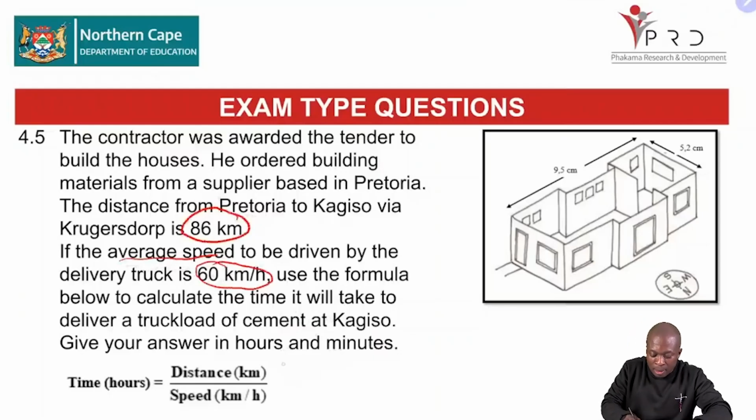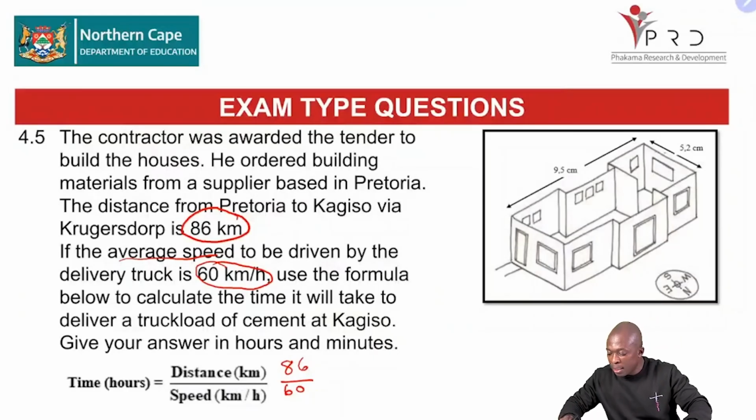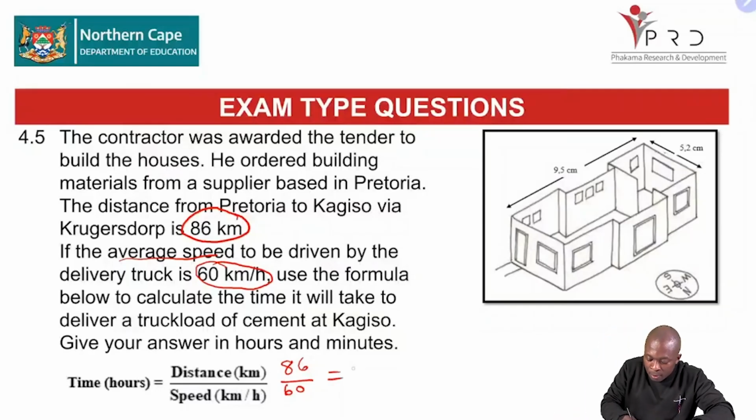The distance is 86, you write it. Divide, the speed is what? 60. So you go to your calculator, you press 86, divide by 60. What are you going to get? You're going to get 1.43 hours.